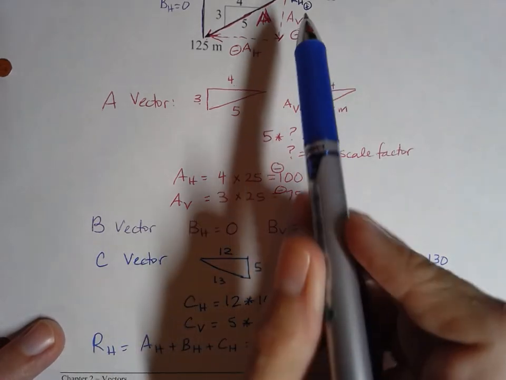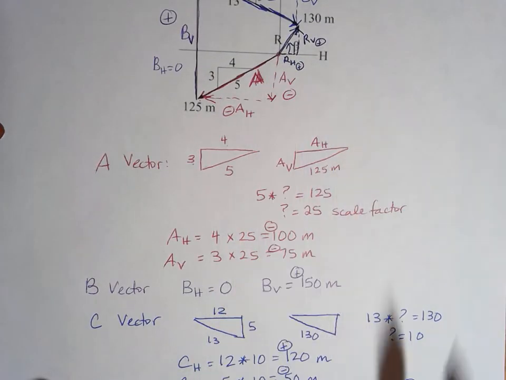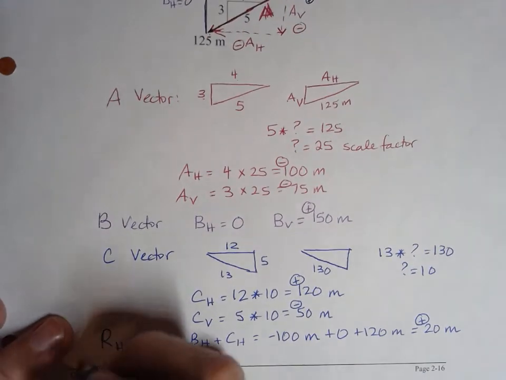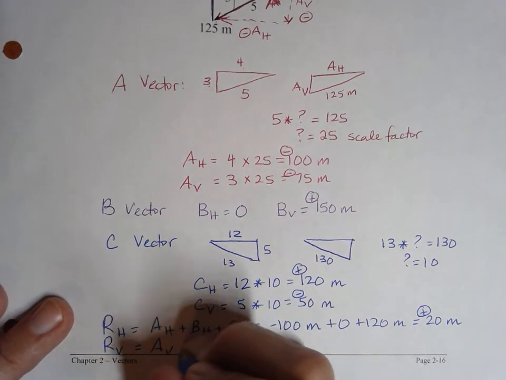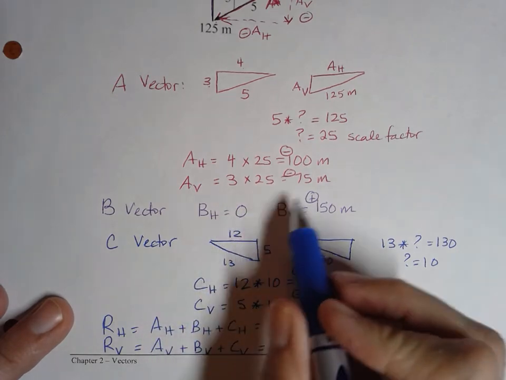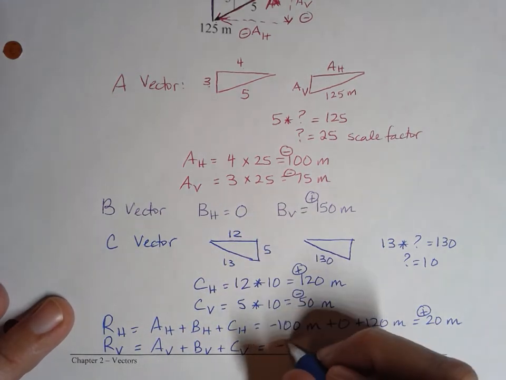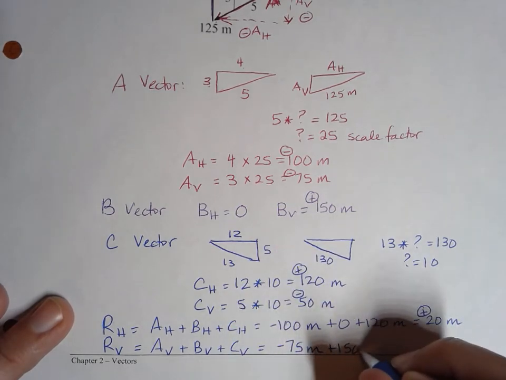And yep, that checks out. We said that was going to be a positive, it was going to be kind of small there, so that seems about right. And then my resultant vector in my vertical, AV plus BV plus CV. AV is the negative 75 meters. BV is the positive 150 meters.